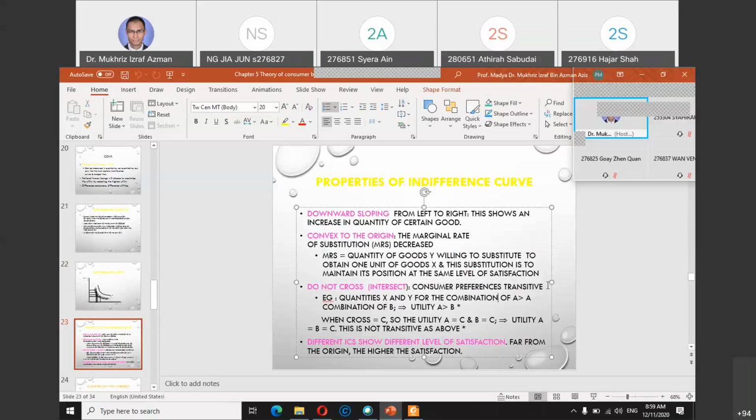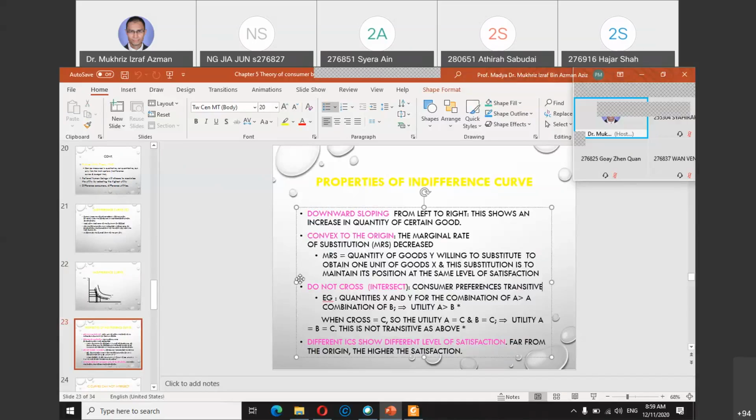Consumer preferences are transitive. Transitive means you always prefer more than less. Any rational, logical consumer always prefers more than less.